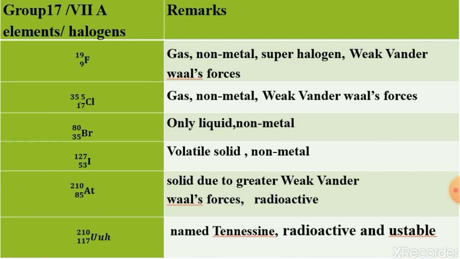Now dear students, about the iodine, atomic number 53 and mass number 127. It is a volatile solid and non-metal, but iodine possesses some metallic luster and has a tendency to lose an electron to form a positive ion.